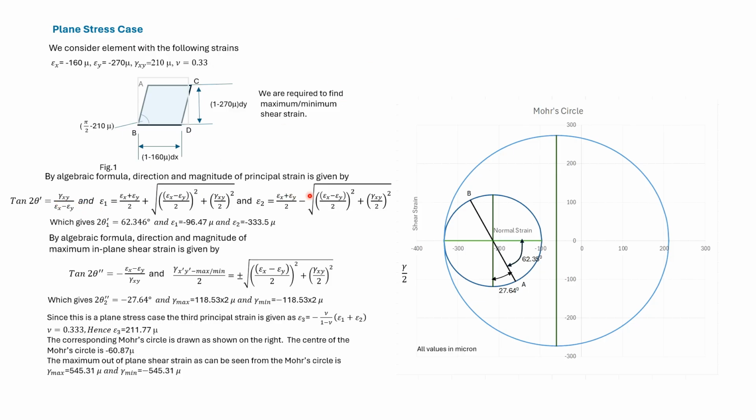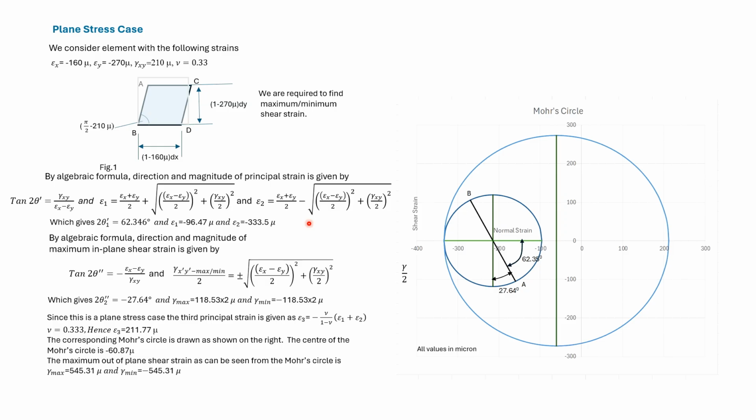Using these formulas, we can find out the direction and the magnitude of epsilon-1 and epsilon-2. So we get these values. Now for this case, epsilon-3 is not 0 generally.